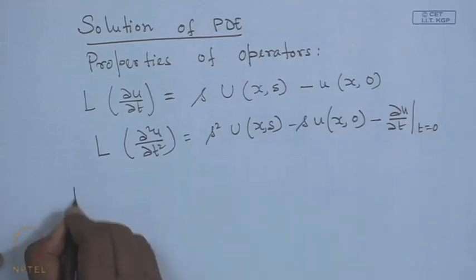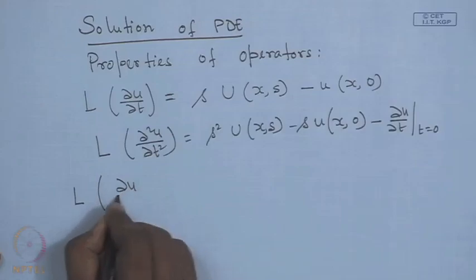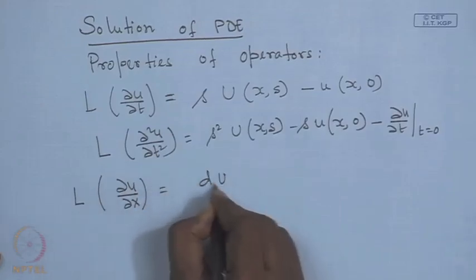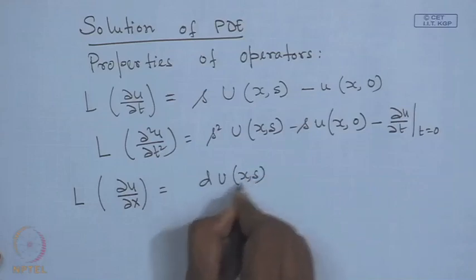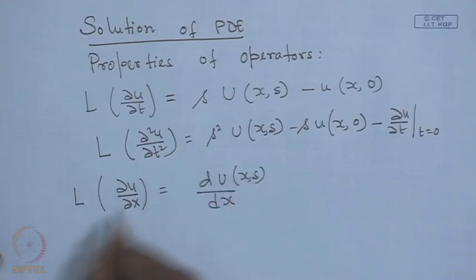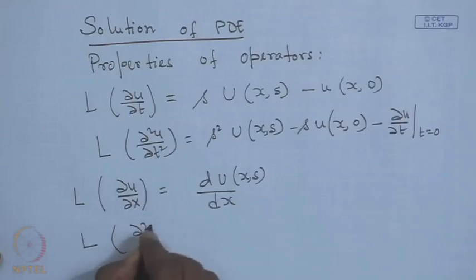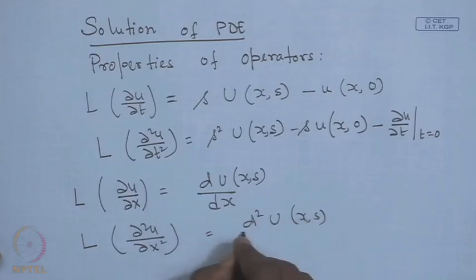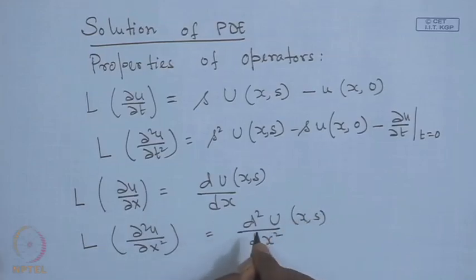Laplace of del u del x will be d u bar of x and s divided by dx, and Laplace of del square u del x square is nothing but d square u bar of x and s by dx square.